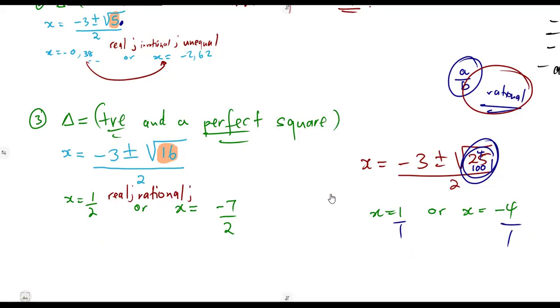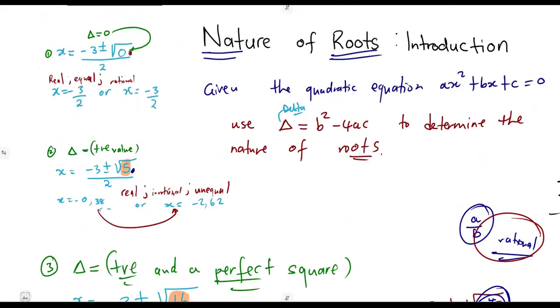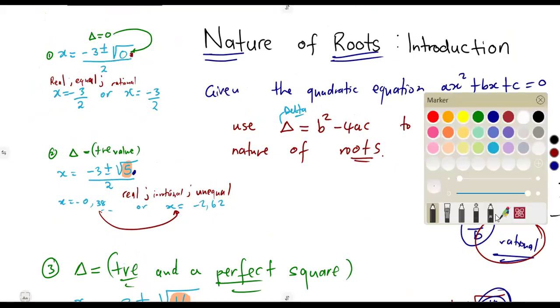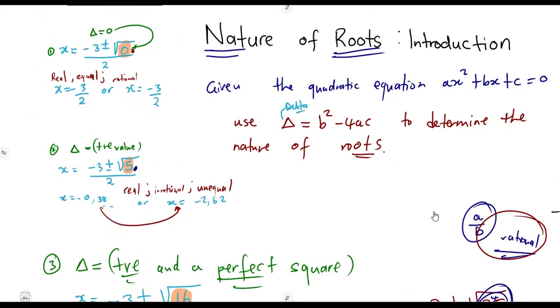They're different from the condition that we had here when the delta was 0. They had the same qualities, real, rational, but the opposite of being equal. These ones were equal when our delta was 0.